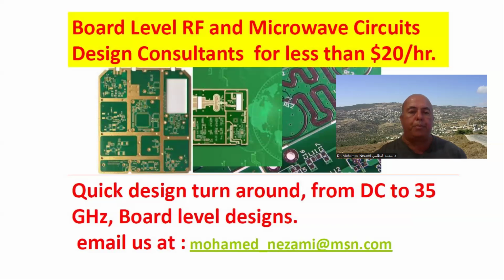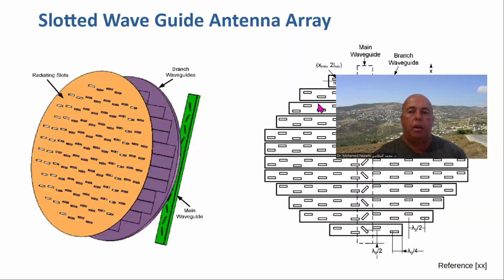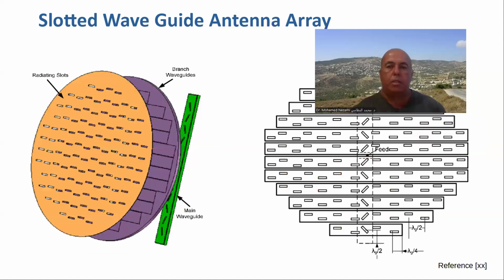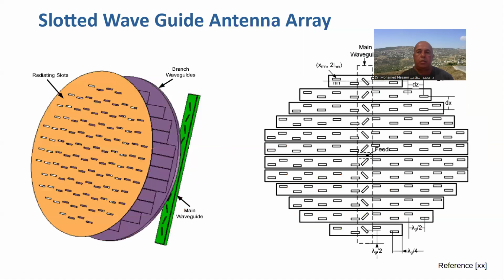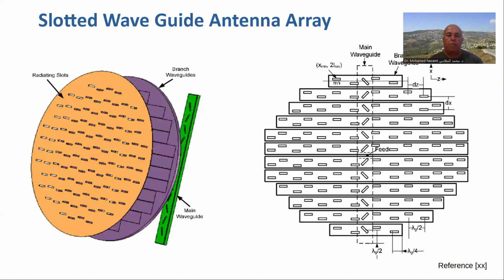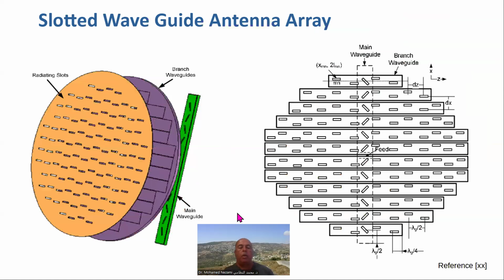Today I'm going to continue what I started. As you know, last time I introduced the slotted waveguide antenna concept, starting out by illustrating a single slot and how the physics behaves for it, how to design one, and so forth, on a concept level.